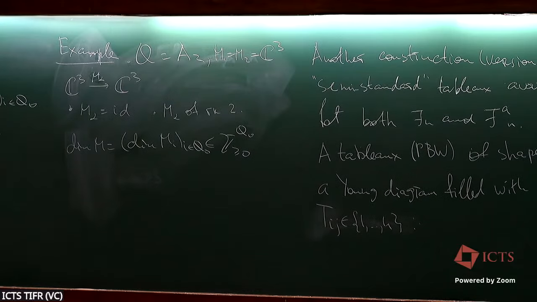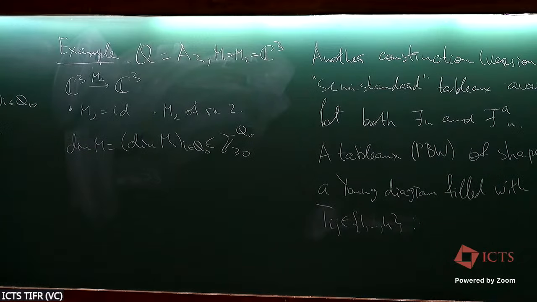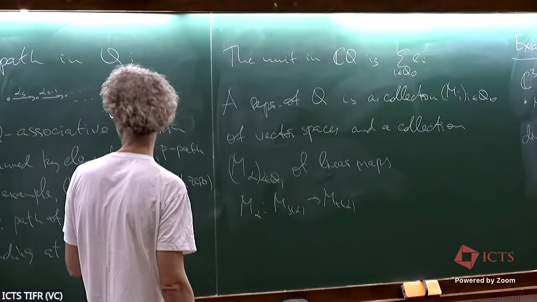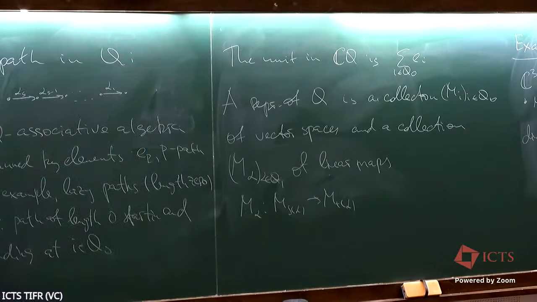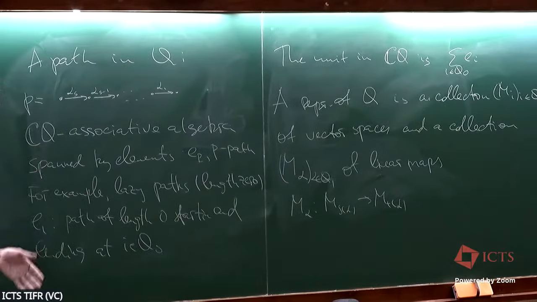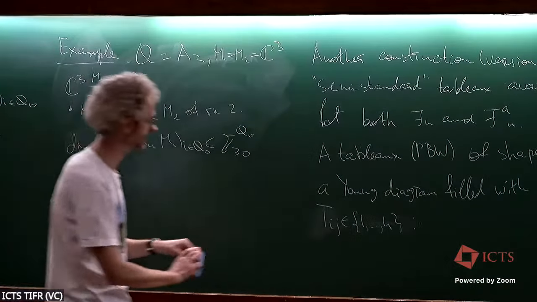Clearly, you can do the whole representation theory business, meaning that you can define sub-representations, quotient representations, homomorphisms. Either you work with the path algebra, an associative algebra, and say these are the corresponding objects for the algebra, or you can do it in purely quiver language.